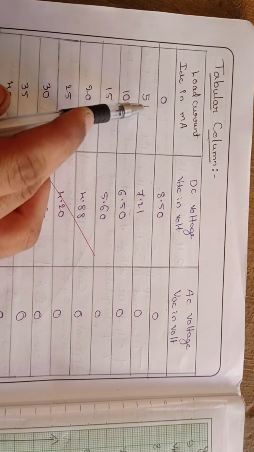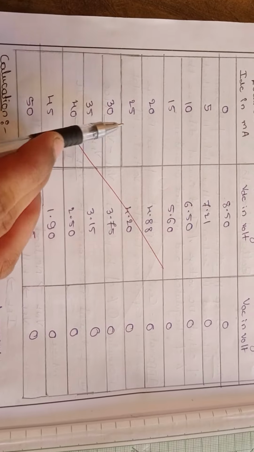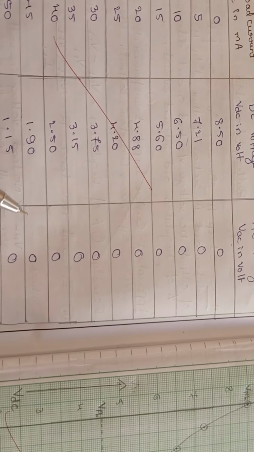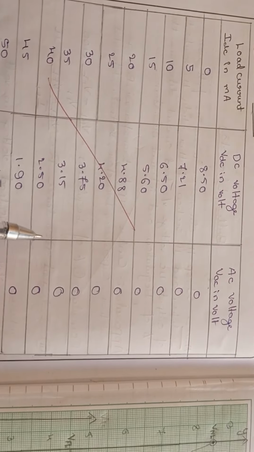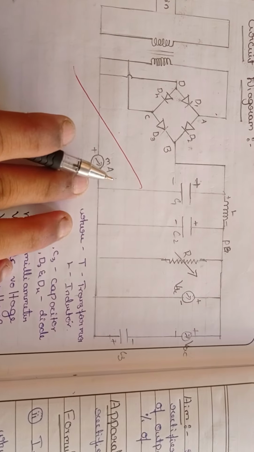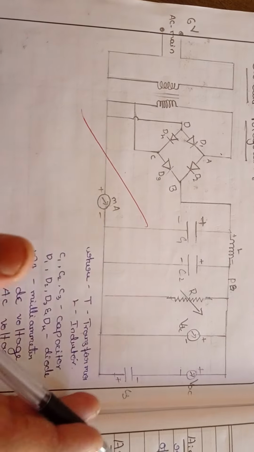Like this we perform in milliammeter, that is 5, 10, 15, 20 up to 50, we get DC voltage but not AC voltage. This is because we use the rectifier in this circuit, that reason we will get DC output but not AC.